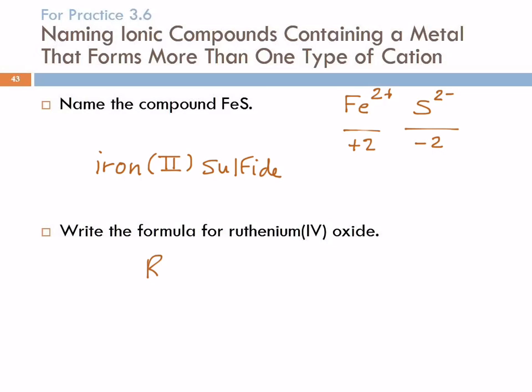So ruthenium is Ru, and this is the Roman numeral 4. That tells us that the charge on this ruthenium ion is +4. It's not the number of them that are in the compound. It's the charge. And then I have oxide, that's O, and what's the charge on oxide? 2-.